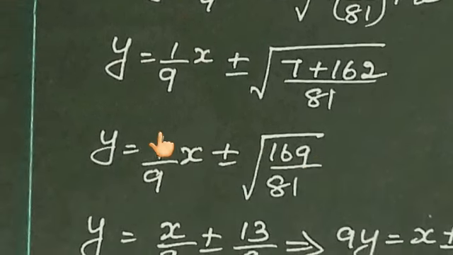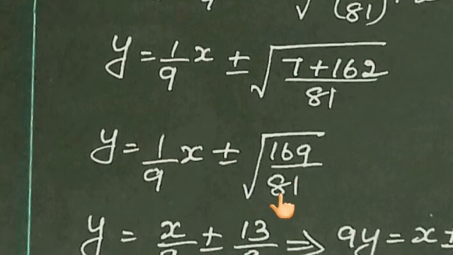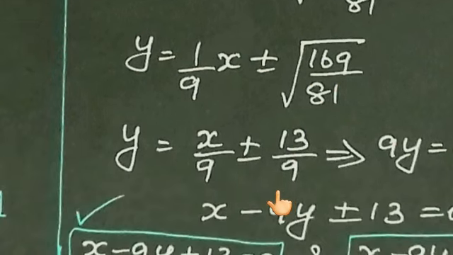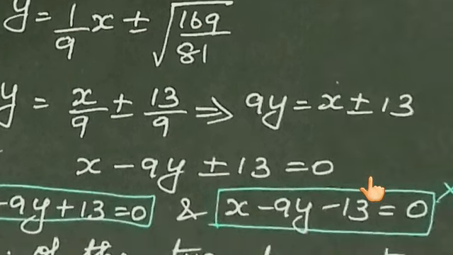That is y is equal to 1 by 9x plus or minus root of, add it up, 162 plus 7 which is 169 divided by 81. y is equal to x by 9 plus or minus, this is a perfect square. 169 is 13 into 13, so 13. 81 is 9 into 9, so write 9. In both the terms, in the denominator we have 9, so bring it here. 9y is equal to x plus or minus 13.